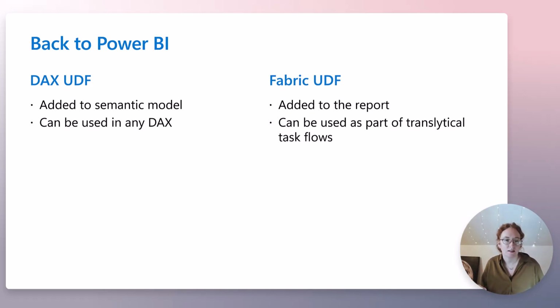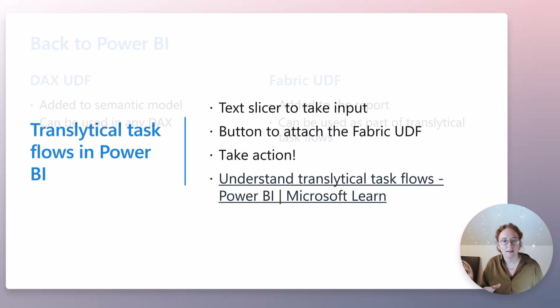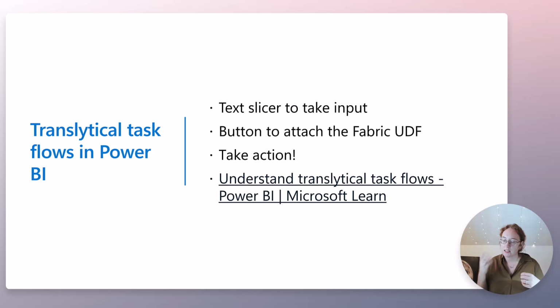Now the Fabric UDF is added to the report, right? So the DAX UDF is added to the semantic model used by the report. And then the Fabric UDF is added to the report, and it can be used as part of the translytical task flows. So if you're not familiar with the translytical task flows in Power BI, they use the text slicer to take input. You attach the UDF to a button, and then you can type something in.